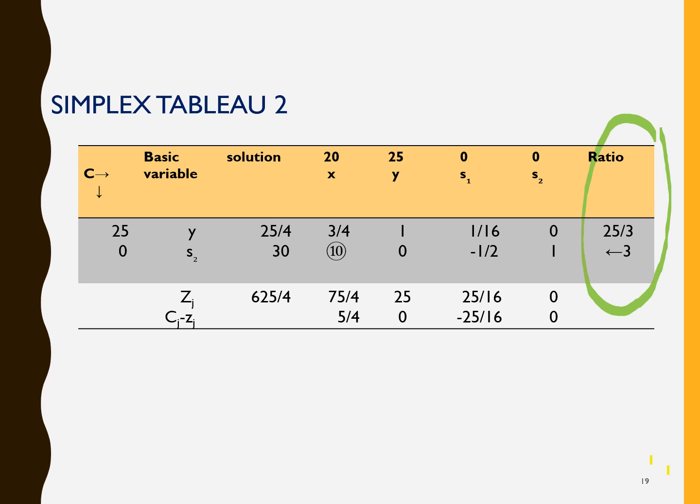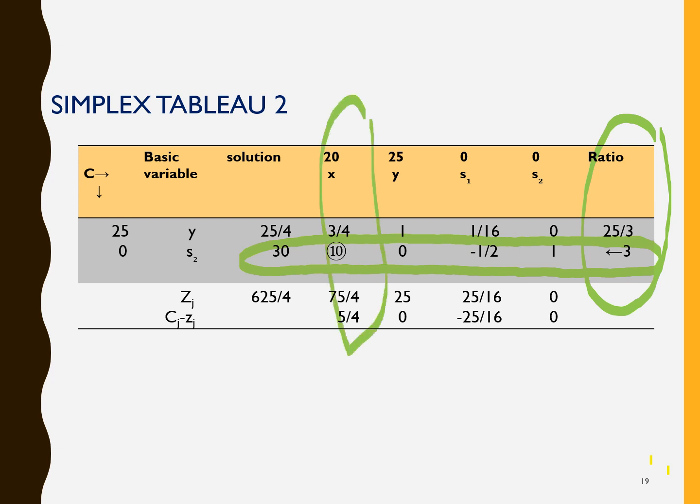Since the least is 3, we can find out that's our key row, and we have already determined our key column here. So the intersection of key row and key column, that is a 10, is our key element.